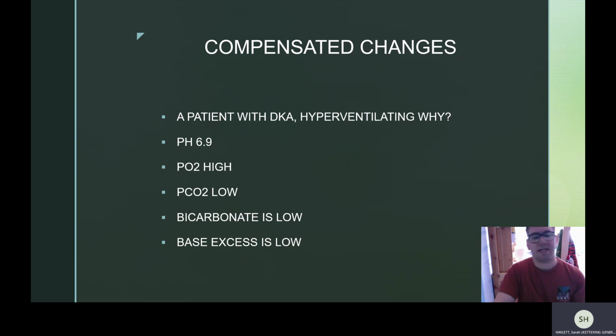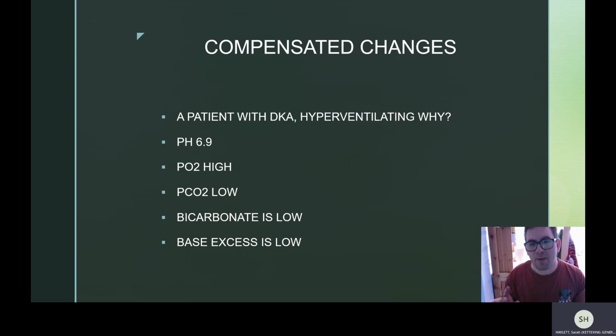So compensated changes. I like to use DKA because they always come in hyperventilating, looking like death. They look really poorly. Why are they hyperventilating? Well, we know that hyperventilation causes high oxygen, low CO2, which will cause alkalosis. And what have they got?